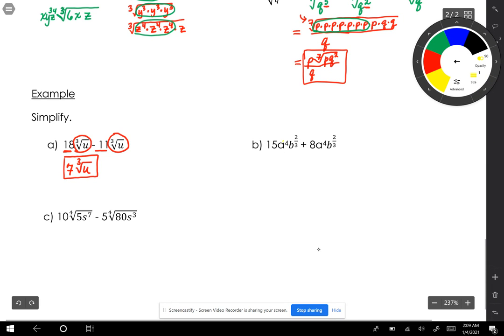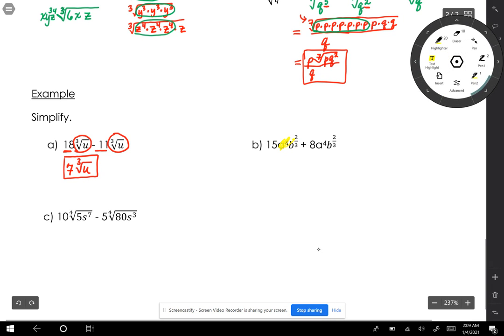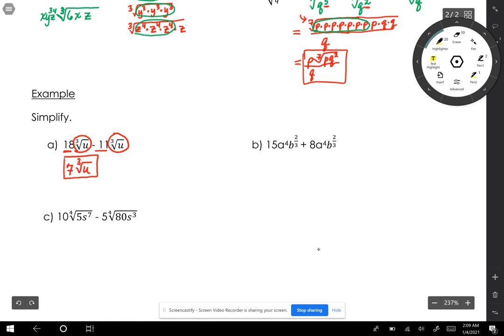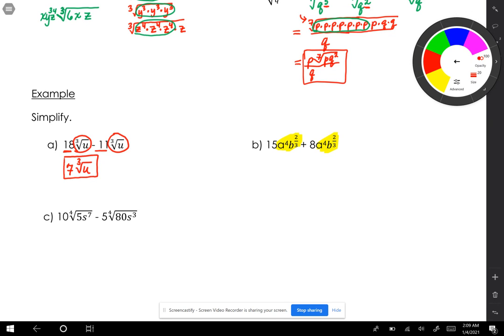Okay. So this, oh wow, I did not mean to do that. Okay. There we go. Okay, so this is alike. Therefore, that would be 15 plus 8.